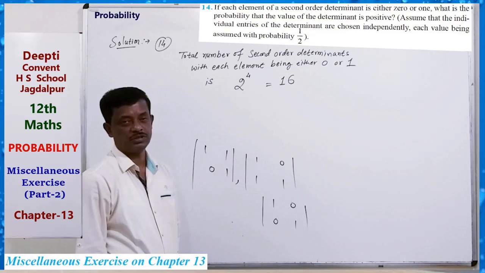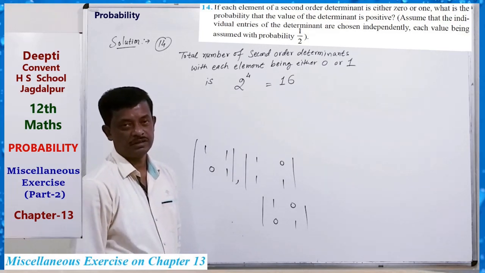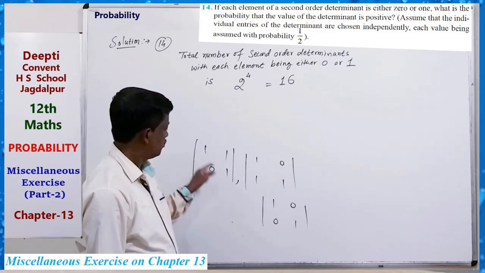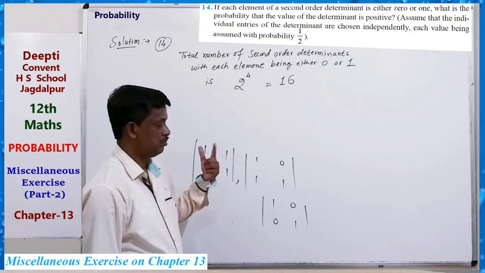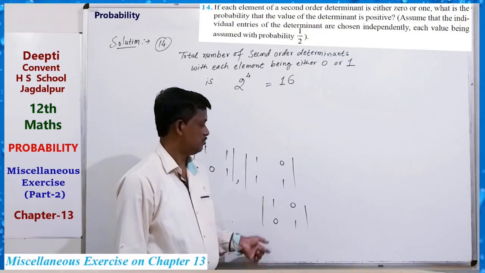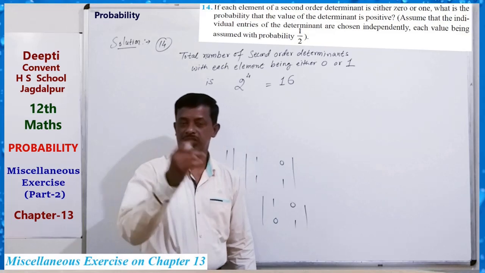These three are possible ways. So 1 minus 0, 1 minus 0, 1 minus 0, three ways.